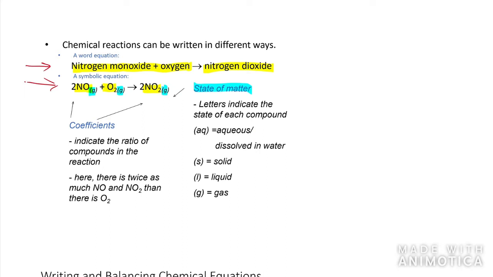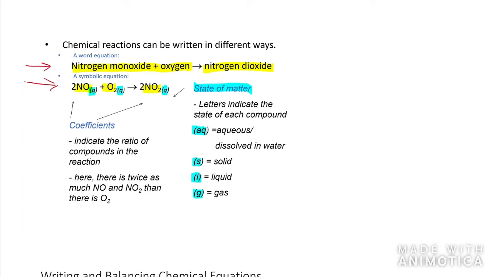There are 4 different ones. There's aqueous, which means dissolved in water. There's S for solid, L for liquid, and G for gas. So if you look at this equation that we have, all of them are actually gas forms. You're mixing 2 different gases to get your new chemical.